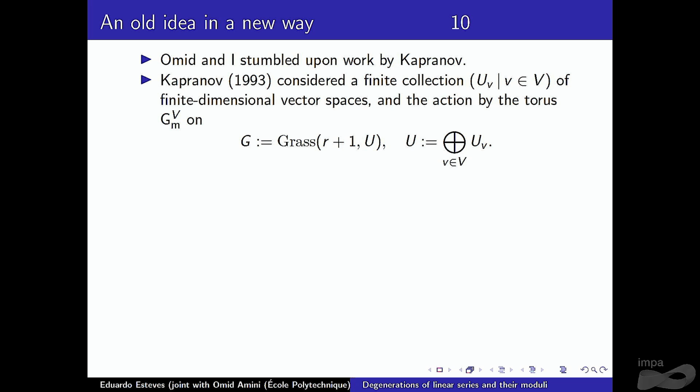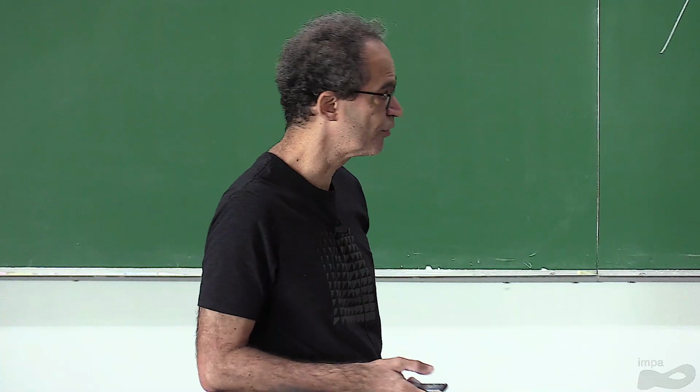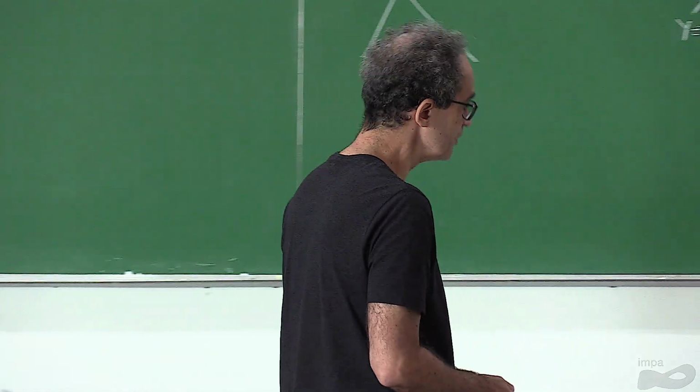And then you can use that to send any vector space, subspace, to another one. So let's look at the Grassmannian of R plus 1 subspaces of U. If you have a general point W, then the projections to the partial sums will have maximal rank, which means injective or surjective, depending on the conditions there.